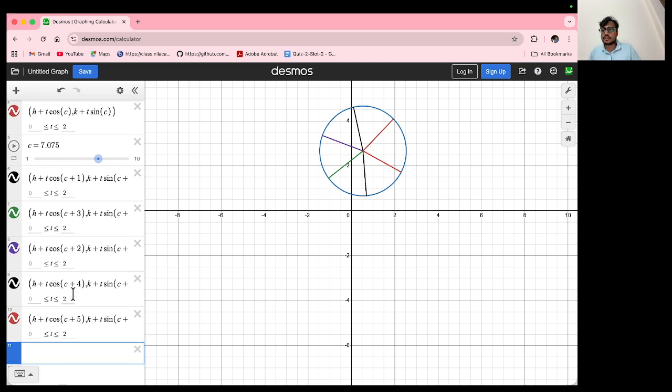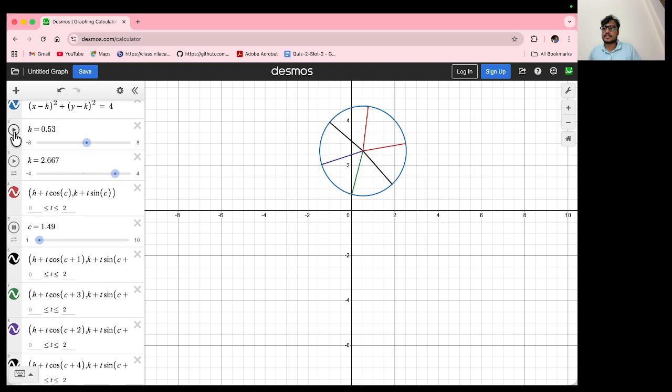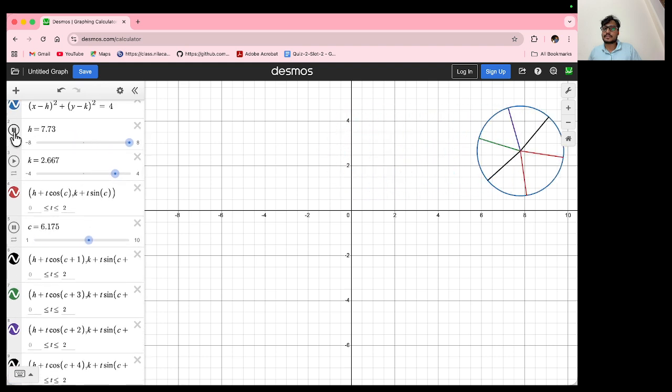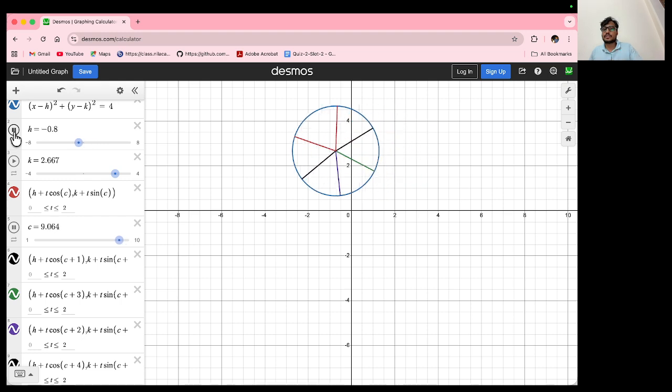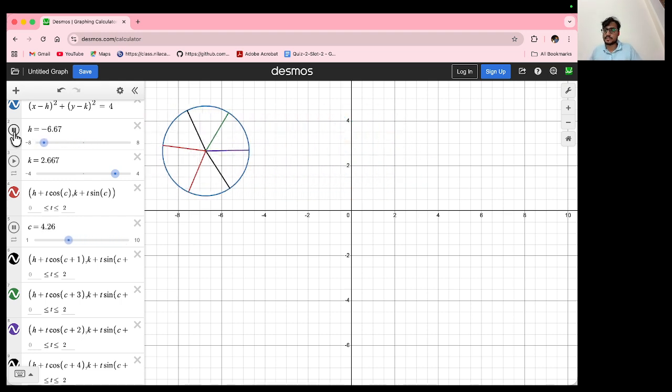Okay, so now let's see what happens. Something is rotating inside this circle. It feels like some sort of thing is rotating, or maybe a circle is rotating. Along with that, now a circle is rotating plus moving.